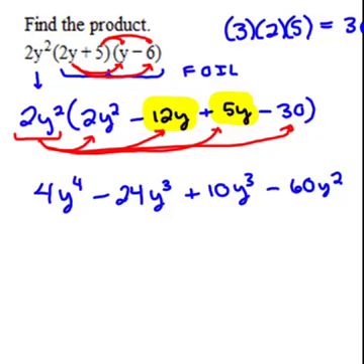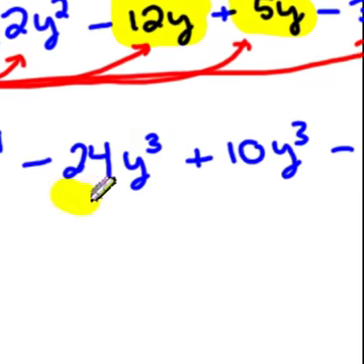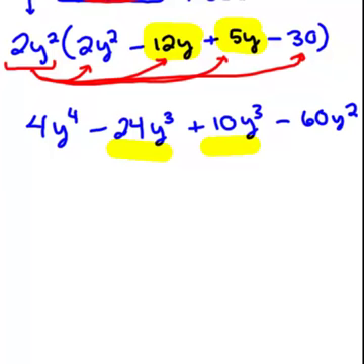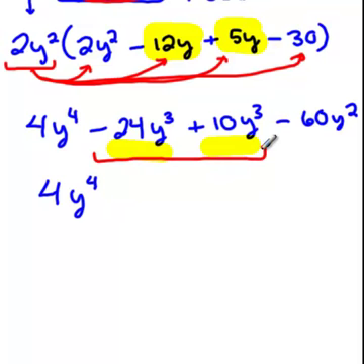Almost done. Now I just need to combine my like terms. I have 2 terms here that are like terms. Those are y cubed terms. So everything else comes down, so the 4y to the 4th is just going to come straight down. When I combine these two terms, you need to take into account the signs and think money. So I have a negative 24, that's debt, and then I have a positive 10, that's money you've got.